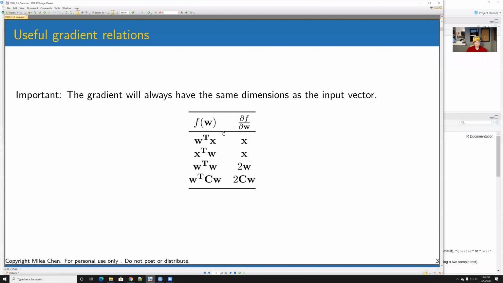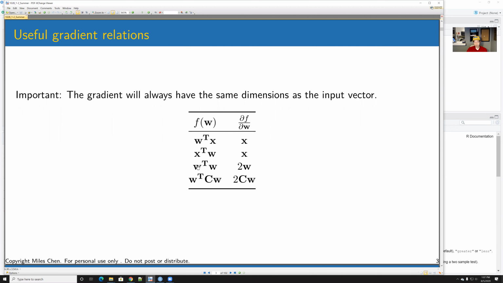And so here, if the function is w transpose x, in this case, w transpose would be a 1x2, and x would be a 2x1, the gradient of w transpose x is going to be x, which will be 2x1. Here, x transpose is 1x2, and w is 2x1, and the gradient with respect to w there is also x, okay? If we've got w transpose w, you can think of this as almost the equivalent of w squared, and the derivative of x squared is 2x, okay?